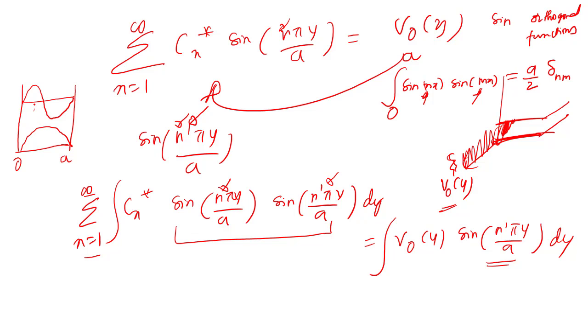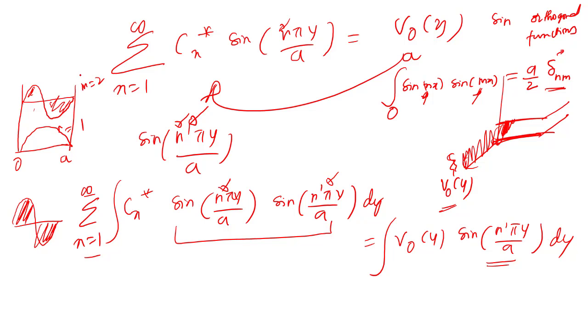When you integrate, the area under this curve and the area under this curve are exactly opposite each other, and integration is just giving you an area. So they cancel out. That's why we have delta nm. This is the Kronecker delta. So it is equal to 0 if n is not equal to m. Here, for example, n is equal to 1 and m is equal to 2. The integral would be 0 because of the nature of these functions.